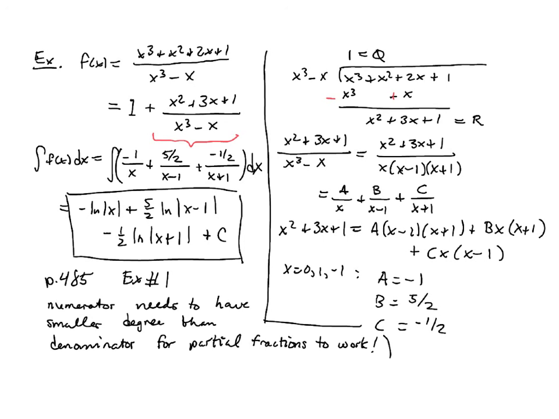Now, the general case we'll explore in the next slide. So, in the most general situation, you're going to have a polynomial function divided by another polynomial function, again where the numerator degree is strictly smaller than the denominator degree.